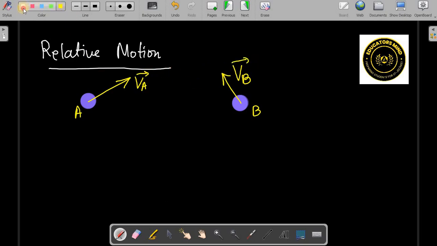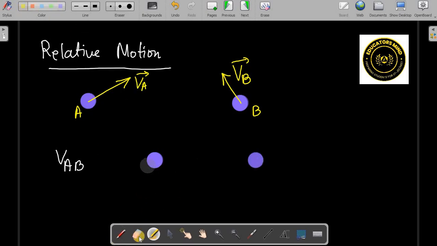So if I want to represent velocity of A with respect to B, with respect to B means the observer will sit on B. So let us see how we are studying A. This is A and this is B, but the observer will be sitting on B.